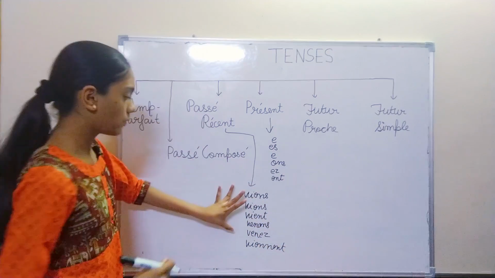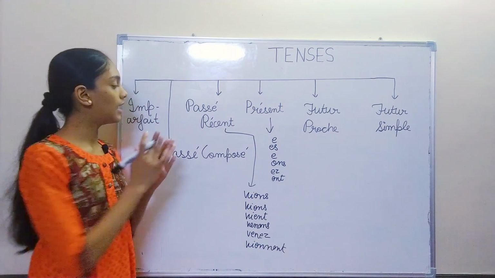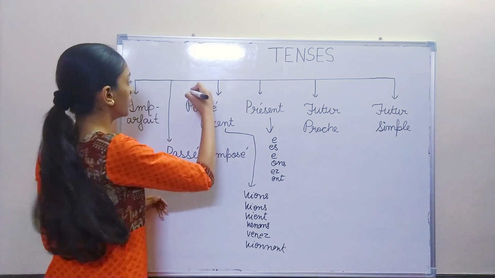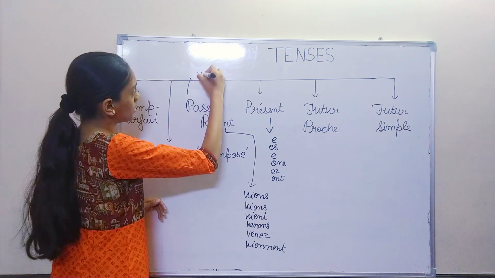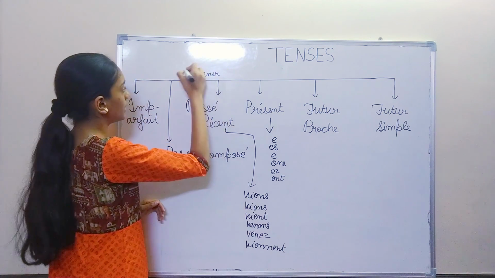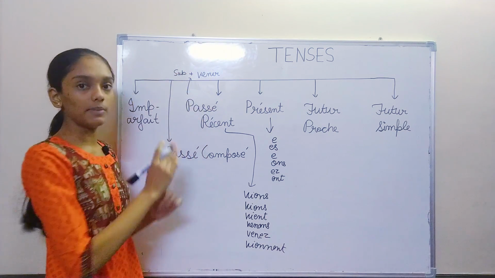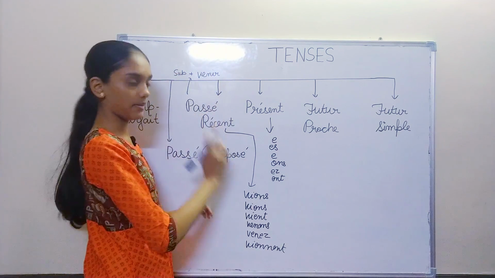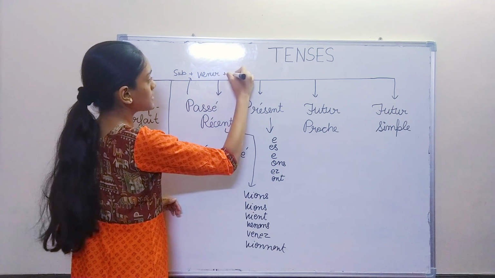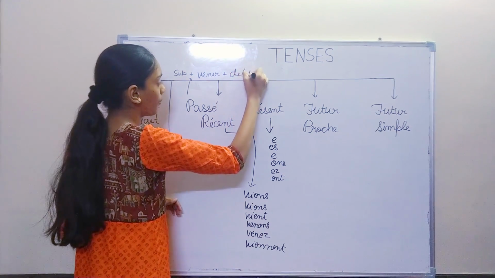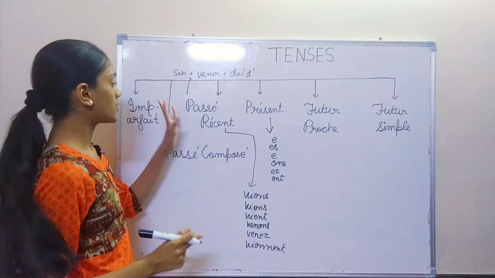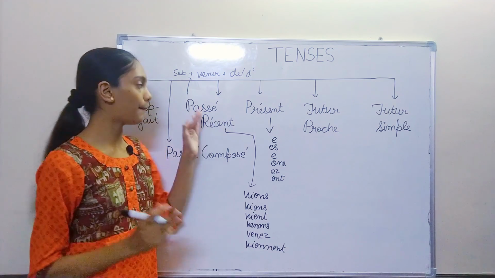Okay? So we use the verb venir. And what is the formation? You put the subject, plus venir in present form, plus de or d' with the apostrophe. Okay, so this is the formation of Passé Récent.